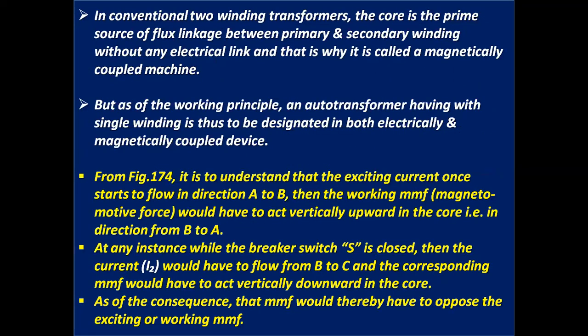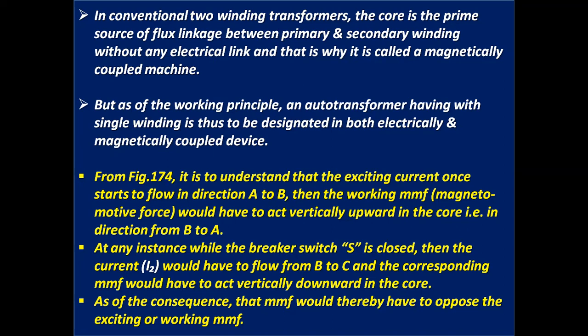In conventional two-winding transformers, the core is the primary source of flux linkage between primary and secondary winding without any electrical link, and that is why it is called a magnetically coupled machine. That is, two-winding transformers are magnetically coupled machines.